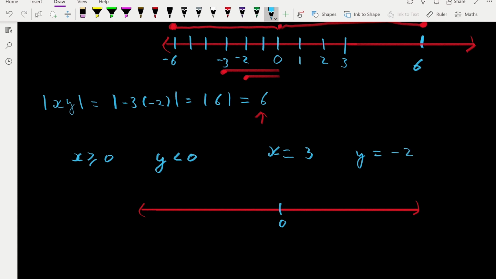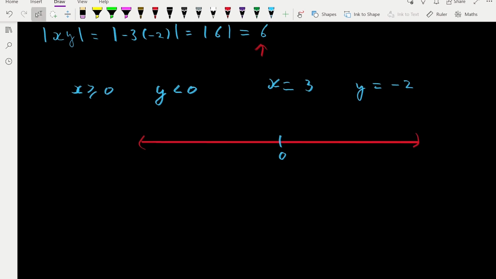It wouldn't make a difference whether we just multiplied 3 and -2, so we took their product and saw where we ended up, which would be at -6, and then asked how far away is -6 from 0?